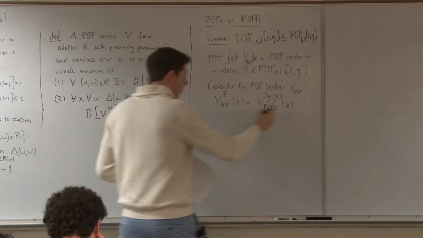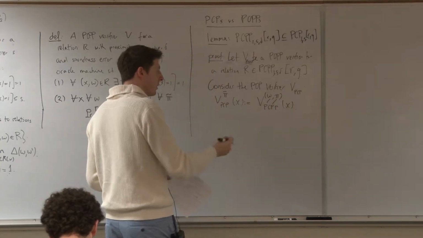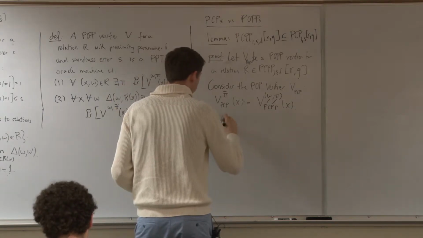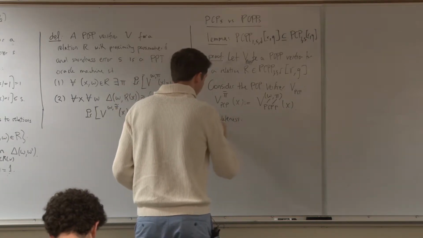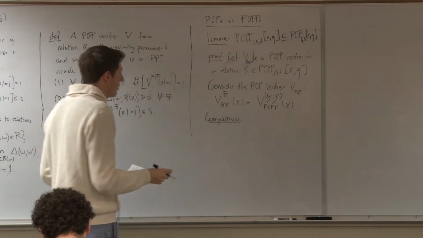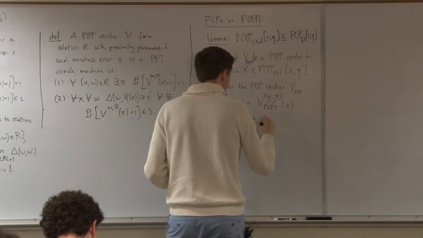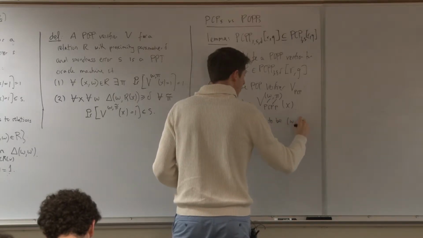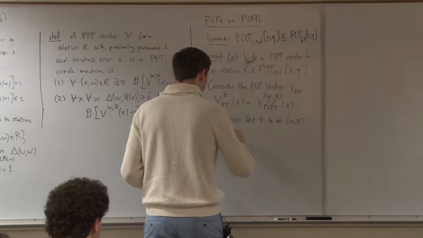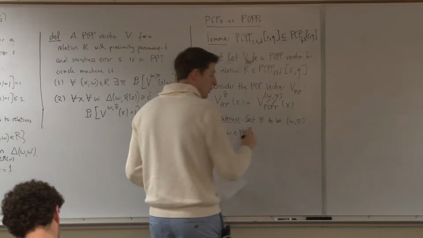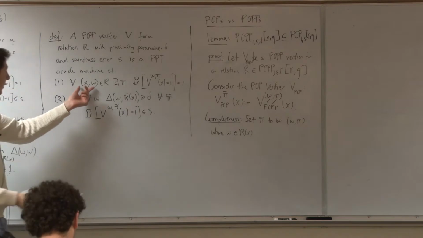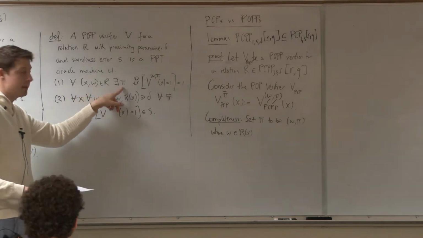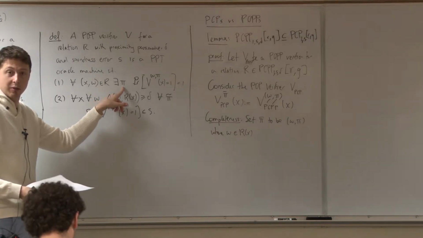Now this is exactly what we're going to do, and now we need to check why this is okay. For completeness, that's easy. What we want to do is set pi bar to be W followed by pi, where W is just anything in our X. We have a condition here that says any W will work, and for any W you can extend it with some extra auxiliary information that will help you.